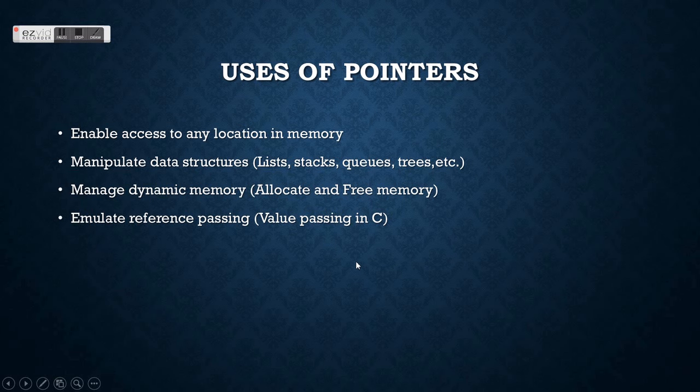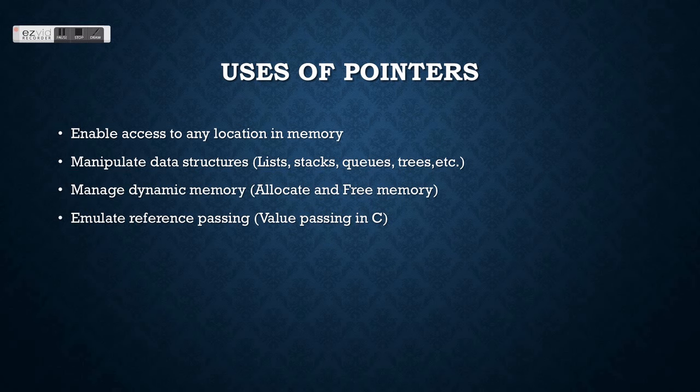We can manage dynamic memory, which is allocating memory, where you define a size of bytes for a variable. For example, we can assign more bytes than the default to each variable.